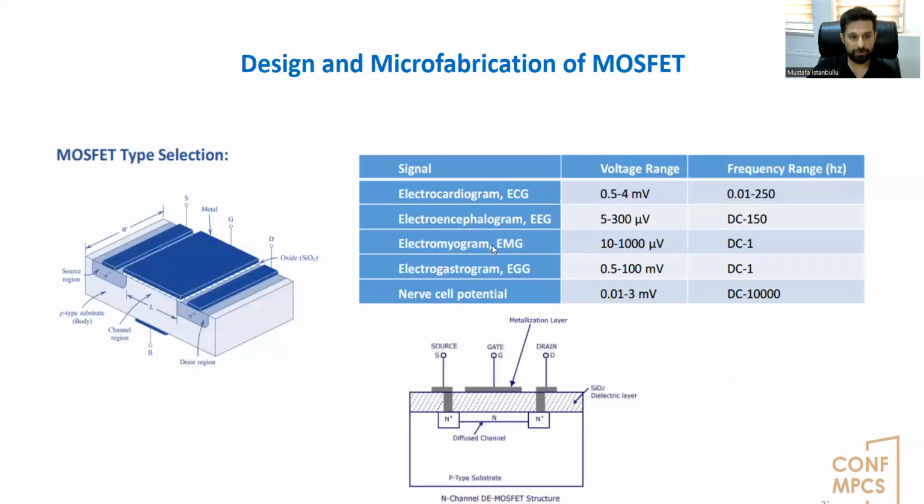The other important component of the electrode is the field effect transistor part. The MOSFET is fundamentally a three-terminal semiconductor device in which the current flowing between two terminals is controlled by the third terminal voltage. As seen in the table, the maximum amplitudes of the signals are about 100 millivolts.